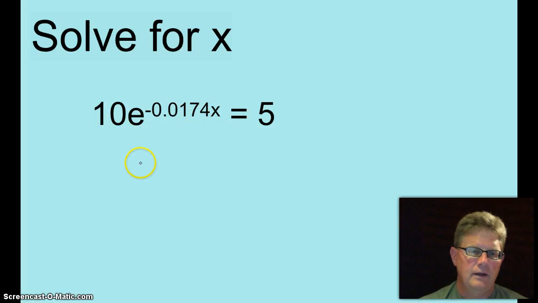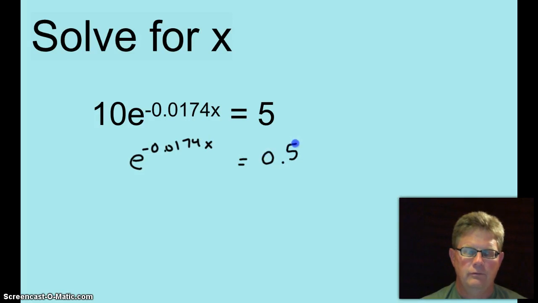Divide both sides by 10. e to the negative 0.0174x equals 0.5. Now this time, since natural log will undo that e, we will want to take the natural log of both sides.